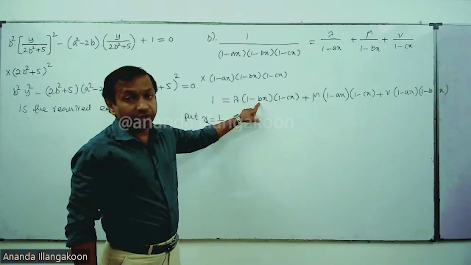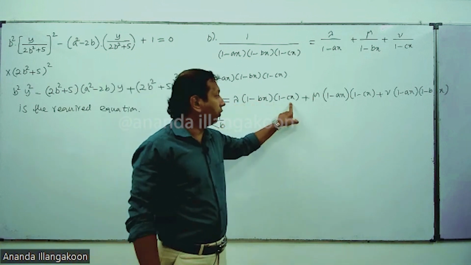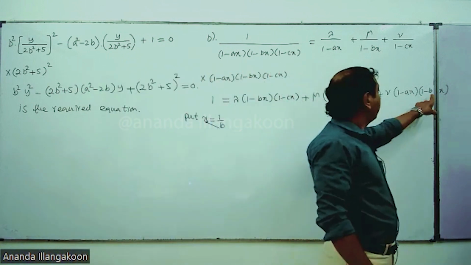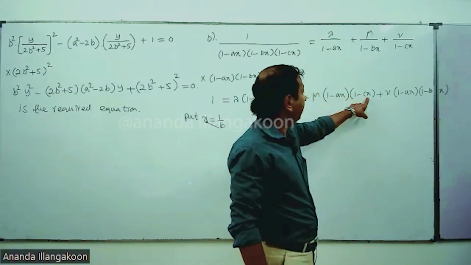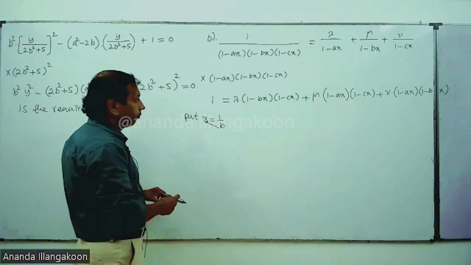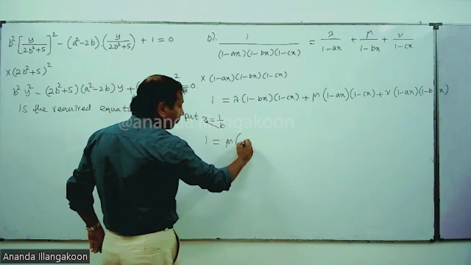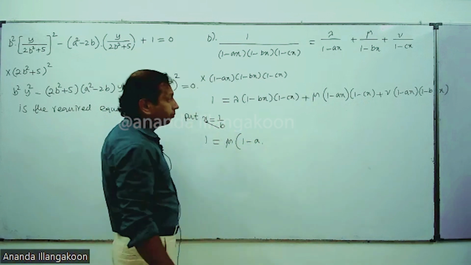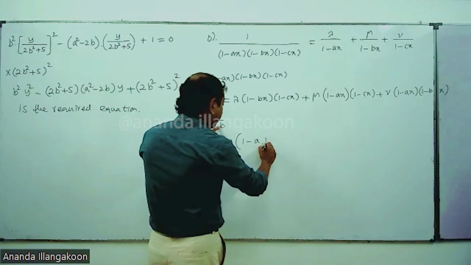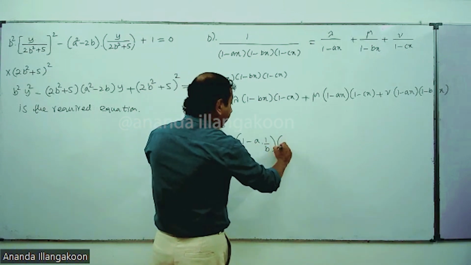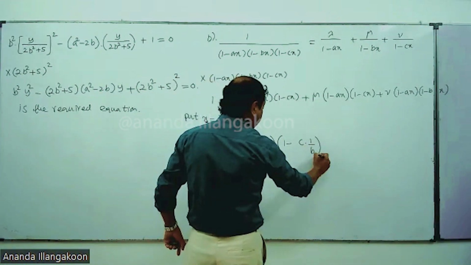If this bracket is 0, the whole thing is 0. So we get 1 equals mu times 1 minus a times 1 upon b, 1 minus c times 1 upon b.